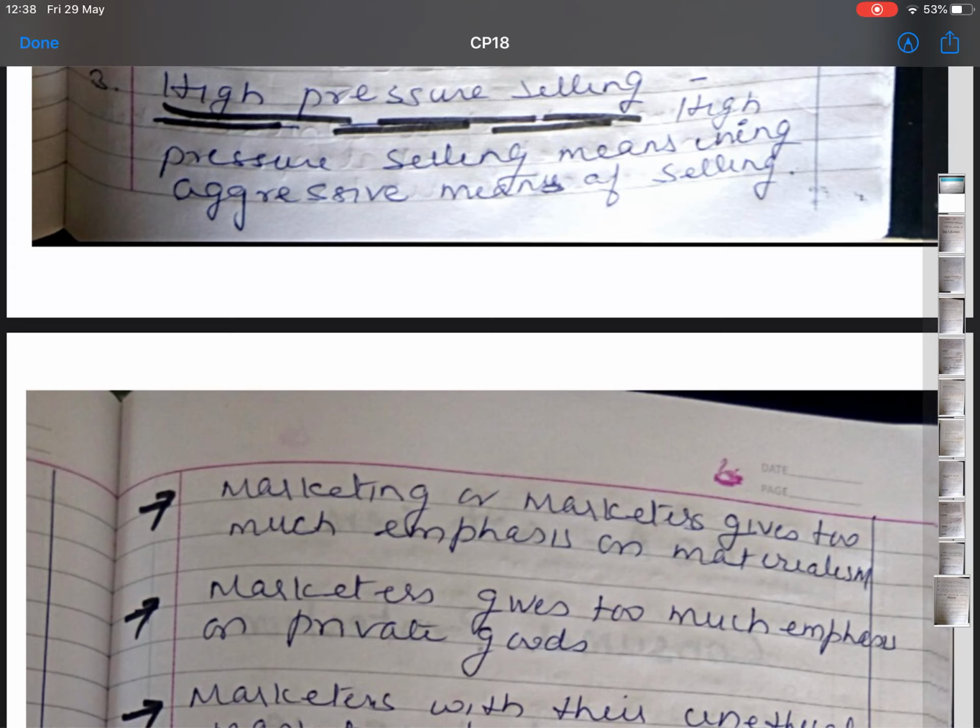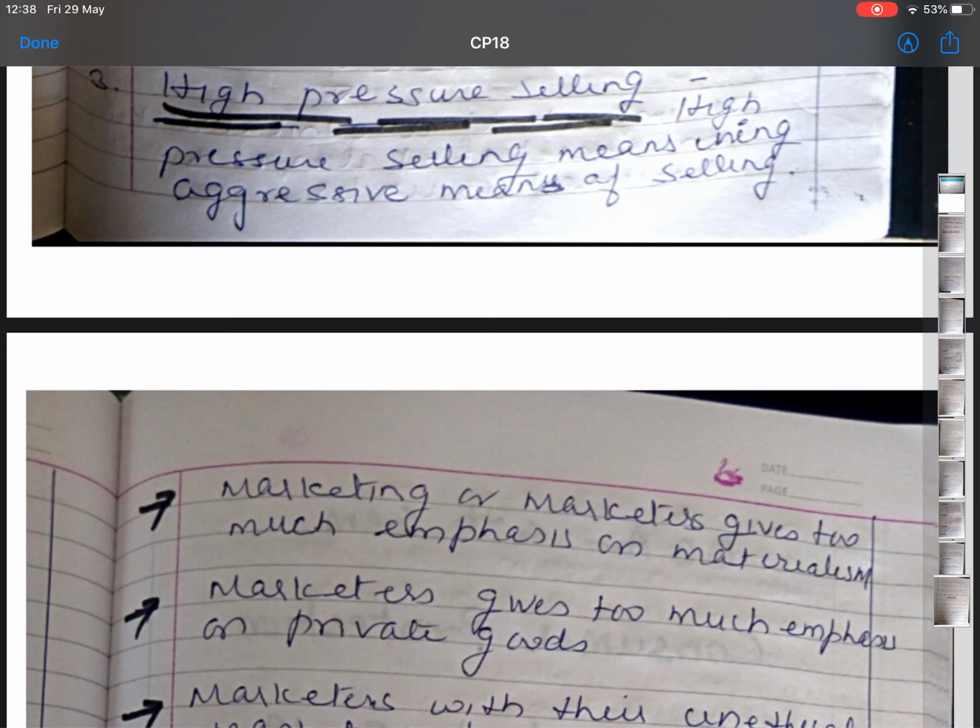In today's world, the value system of material possession has become very important. People are judged by what they own, not by what they are. A person is considered very successful in his life if he has been able to possess so many things.